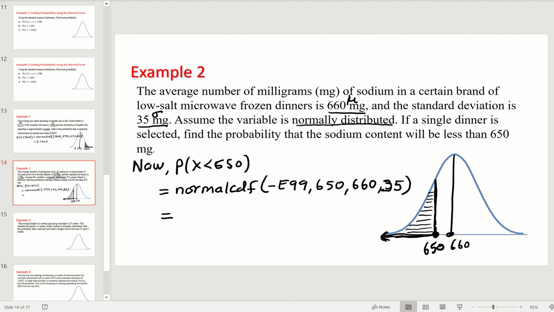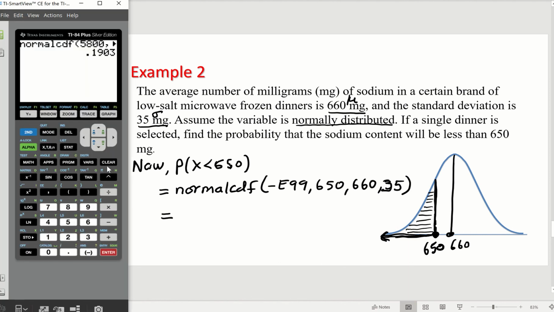So if we type this in our calculator, let's see what we get. We do second, and then vars number 2. The lower end is negative infinity, so negative, second and comma, that will give you E99, negative E99, that's negative infinity. The upper end for that area is 650.